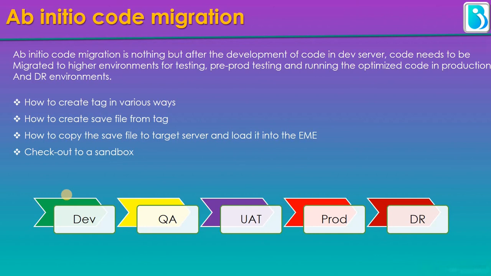As part of code migration, as the administrator, we will be helping the development teams to create the tags, create the save files, and copy it to the target server and load it into the EME and check out to the target sandbox. All the required commands to create a tag, save file, and copy to the target server, load it into EME will be explained in a detailed fashion.